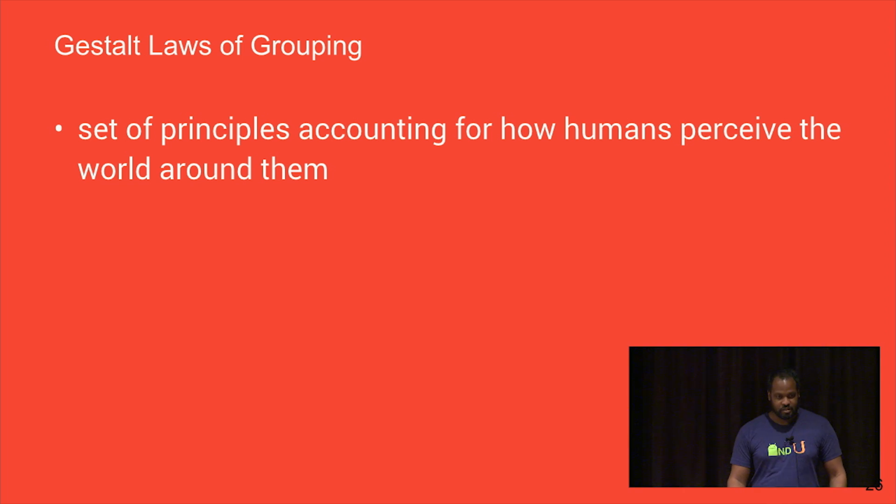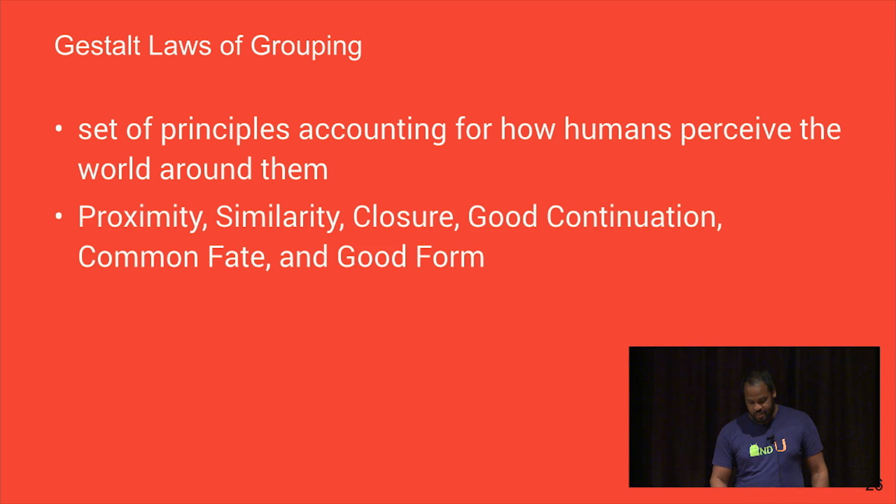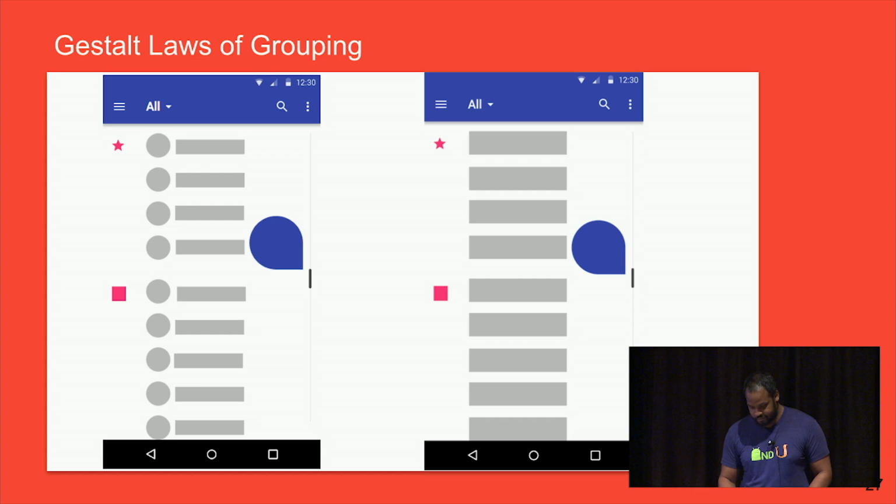So I might assume that they are related, that they're from the same school because they're wearing the same thing. And that's kind of what the Gestalt laws of grouping do based off of proximity or similarity. Your mind kind of makes assumptions on how things are and tries to bring order to a chaotic world.